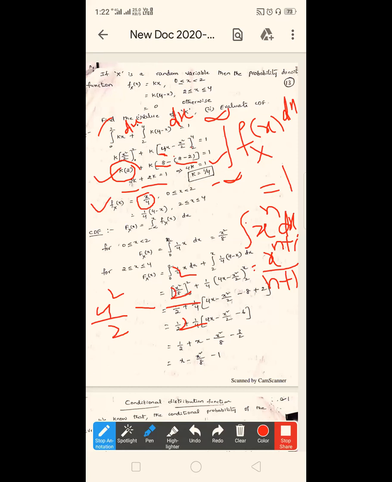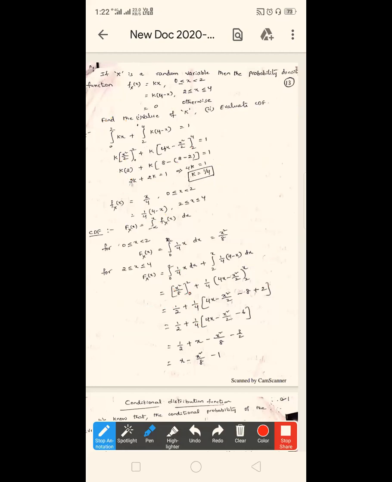Next, for the second range, substitute k equal to 1 by 4 again. So 1 by 4 into 4 minus x. This is the value of the probability density function for the second range. Is it clear?